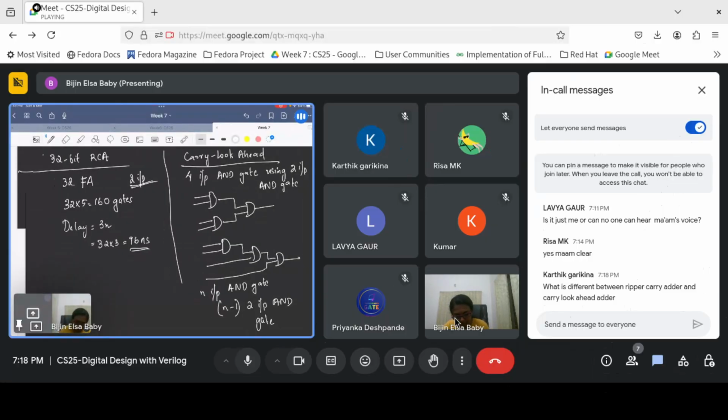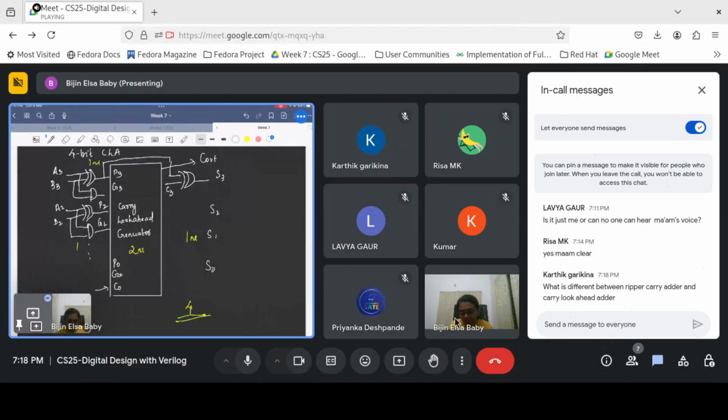So we are going to calculate the number of gates required for a carry lookahead adder. If it is a 32-bit carry lookahead adder, you will have 32 half adders here. Okay, so this is a 4-bit, so 4 half adders. If it is 32-bit, then you will have 32 half adders. In one half adder, you have 2 gates.